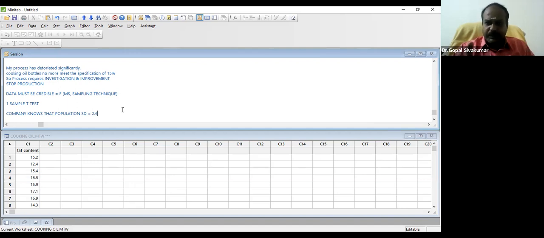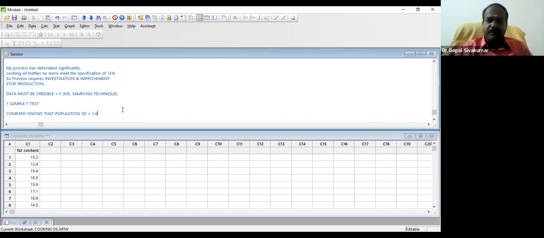The company has been producing cooking oil bottles since the last 1 year. Over the last 1 year, the quality team has taken several samples like this. All the data is available in the company. With all the data, the company can calculate the average and standard deviation of the fat content. Possible or not?